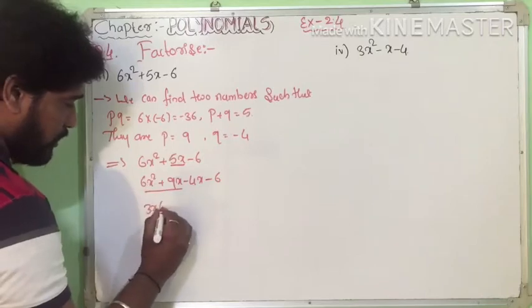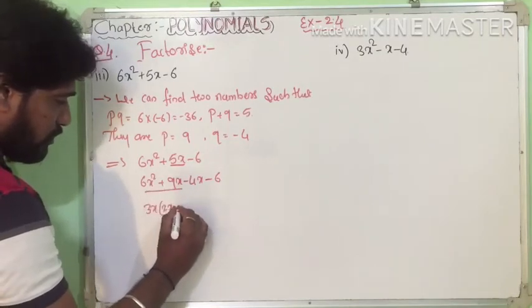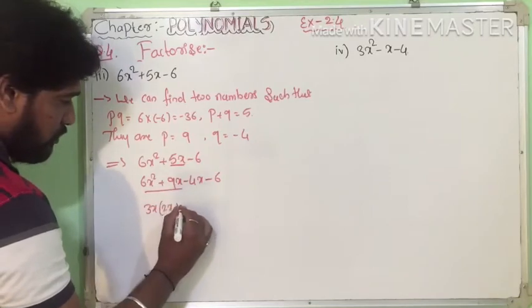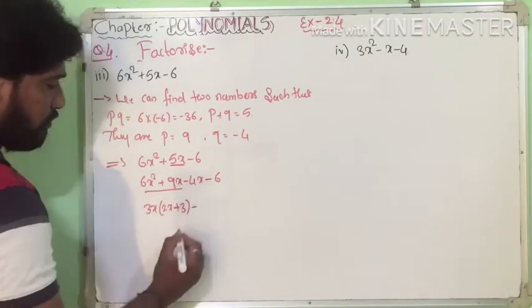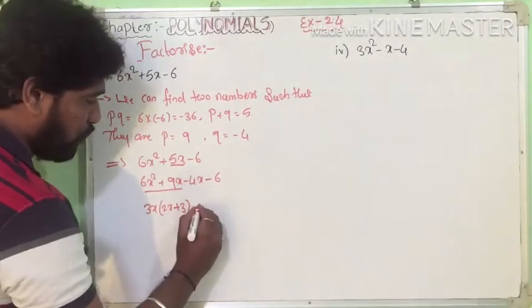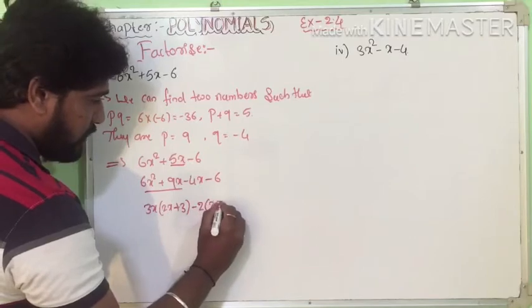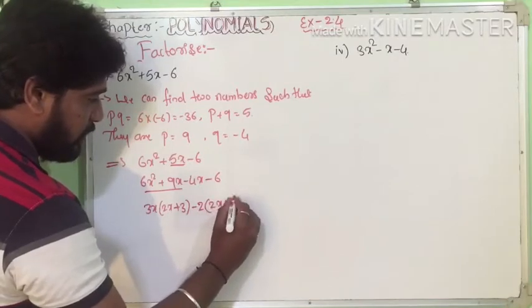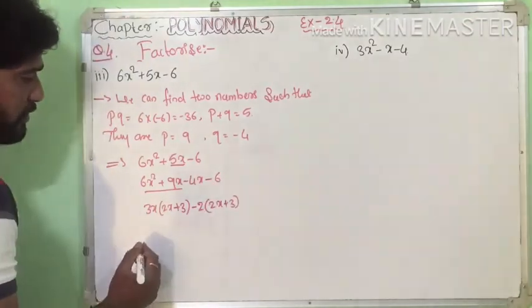In the first two terms I will take common 3x. 3x comes outside means 2x remaining: 2 into 3 is 6, x into x is x square. Then plus 3 remains. Is it clear? In the last two terms I will take minus 2, so remaining 2x plus 3. 2 fours, 2 into 3 is 6, right?